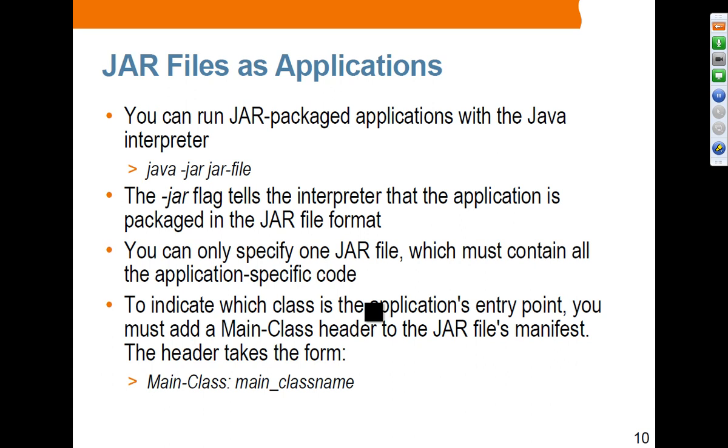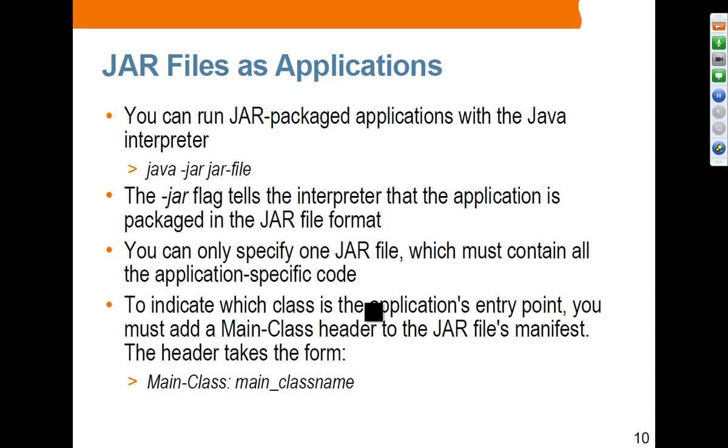So the jar flag tells the Java runtime that the application is packaged in the jar file format, and you can only specify one jar file, which must contain all application-specific code including the main class. Now you have to specify what the main method is in the manifest file in this case.